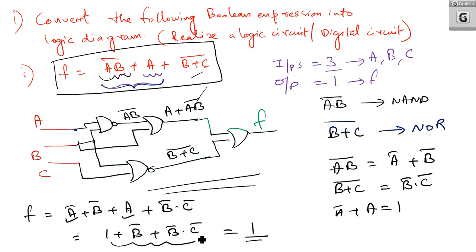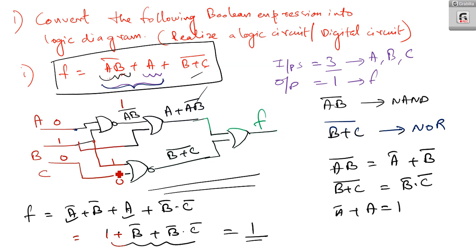Okay. So let us try to prove that also from here. Now suppose I am giving input as 0, 1, 0. Okay, let it be. Now, what is A B bar? 0 and 1 is 0, 0 bar is 1. Okay. Now here B is 1 and C is 0.